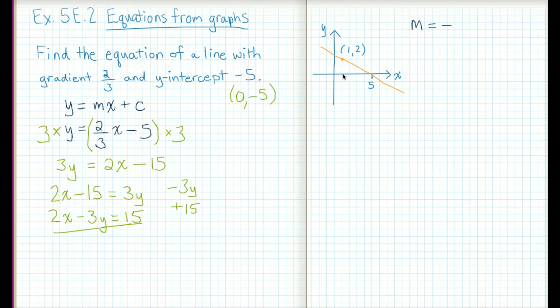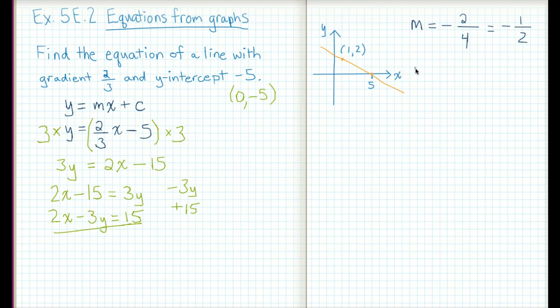I'm going down 2 and over 1, 2, 3, 4. So change in y is 2. It's already negative, so that's where the down gets turned into a negative. And I'm going over 4. So I get 2 over 4, or that simplifies to -1/2.